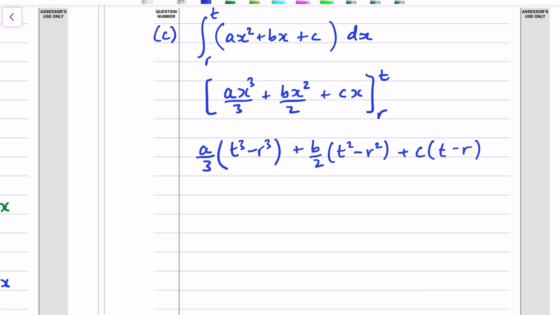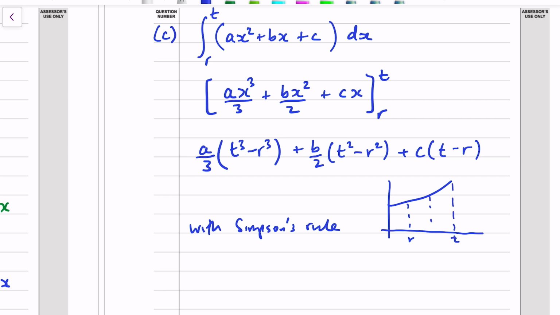Okay, so Simpson's rule. We're taking our function and dividing it into two intervals, going between r and t.